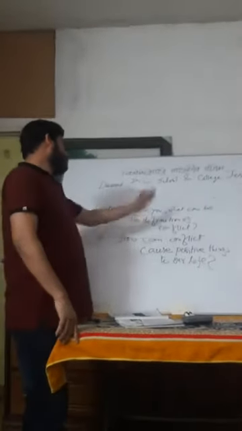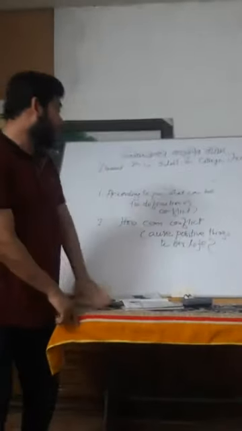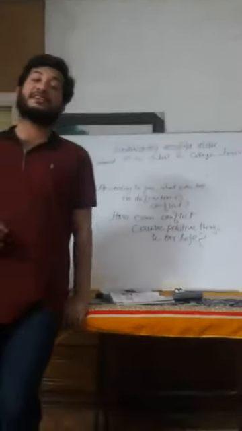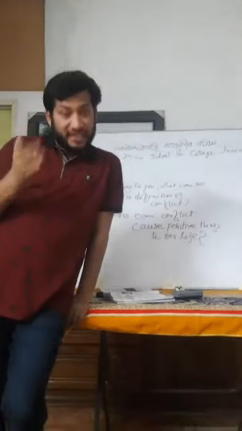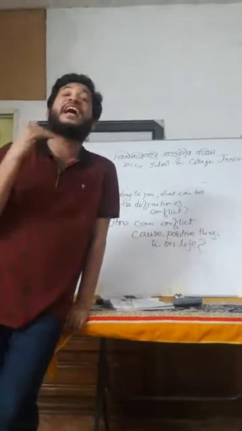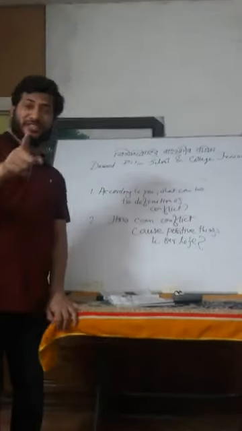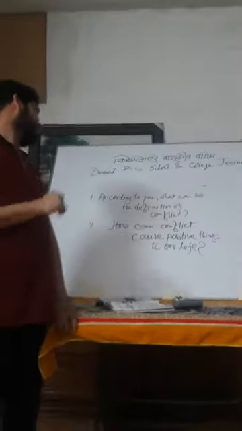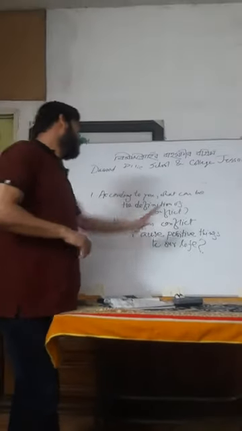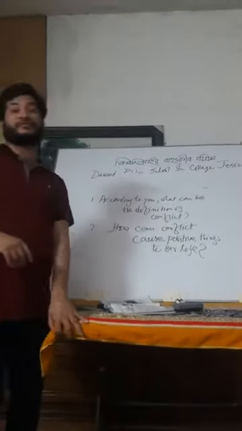Now, according to you, what can be the definition of conflict? Conflict means hostility. Conflict means antagonism, and sometimes conflict creates destruction. How can conflict cause positive things to our life?